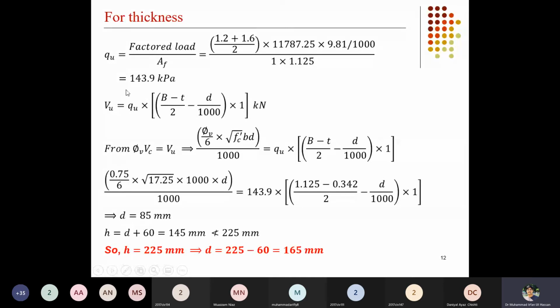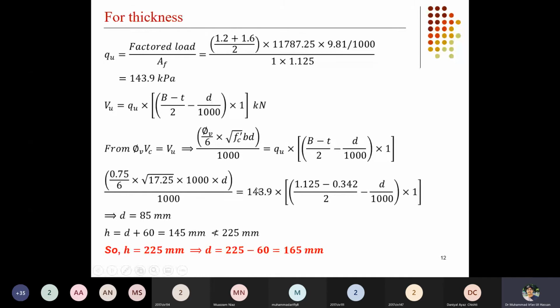From the factored load we compute the shear, and you know that the shear can be computed by equating phi VC and VU. So the phi VC equation is here, you can see on the left hand side, and it is equal to the total VU that is acting at the face of the footing.